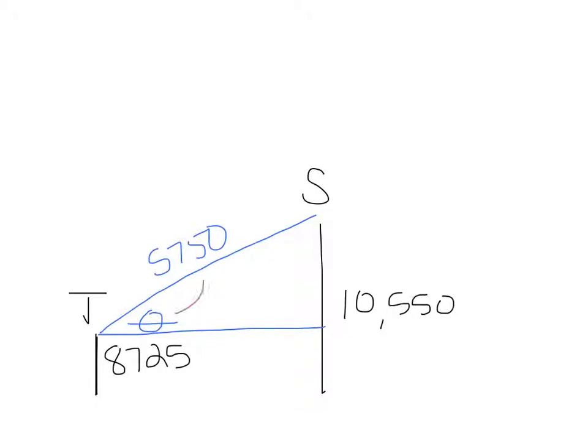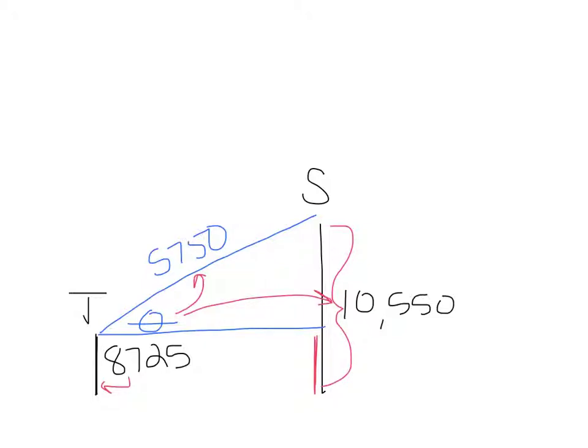Now let's see. I know the hypotenuse of this triangle. This 8725 goes with the altitude of the town. Notice I could find out the opposite side. I know this whole thing is 10,550, and I know that this part is 8725.